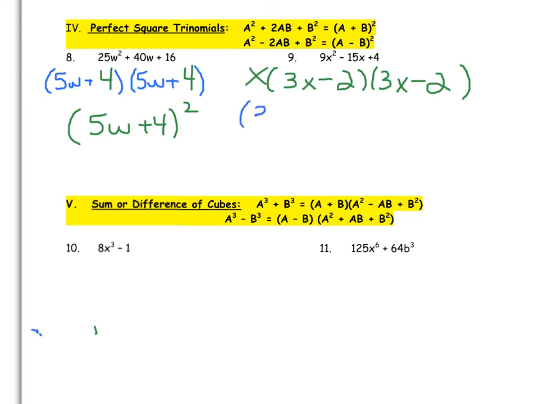All right, let's leave the 3x in there. We definitely need the negative signs. Put the 3x in here. And as we consider other factors of the 4, we could try a 4 and a 1. So if I come back here and I try a 4 in here, and I try a 1 in here, signs still have to be negative.